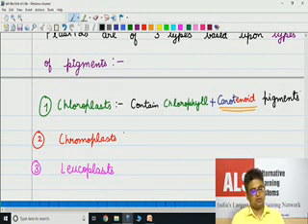Now, what are chromoplasts? Chromoplasts do not contain chlorophyll. Other than that, they will contain the full spectrum of carotenoid pigments.